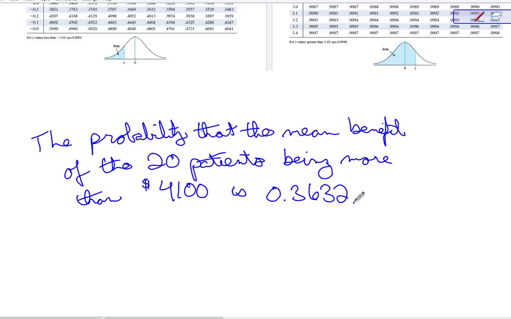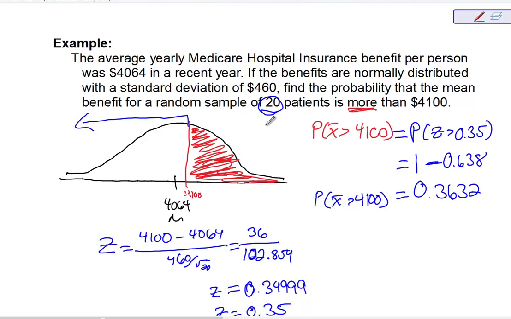Remember, again, you always want to apply your answer back to the problem and make that into a statement. Again, in this problem, we had to do the 1 minus because it wanted a more than. It wanted to the right. Anytime you're looking these up, please make sure that if it's to the right, you're doing 1 minus. Practice some of these, and if you have questions, please feel free to ask.